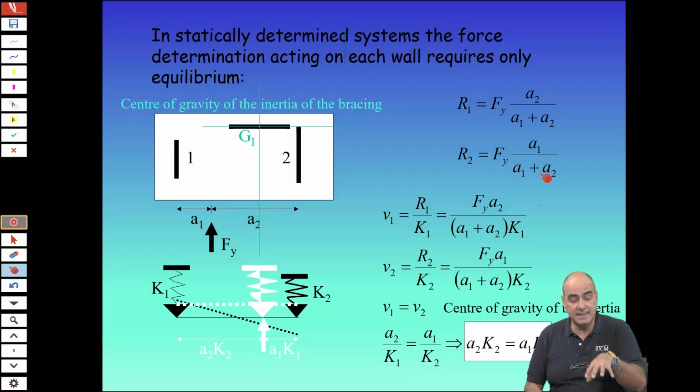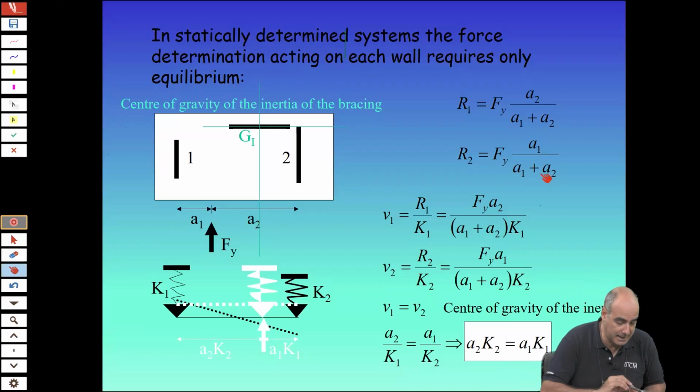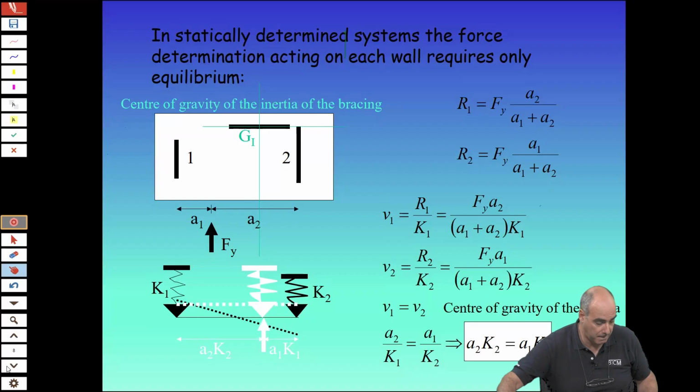So the force is in the center of the mass. The center of mass is there.